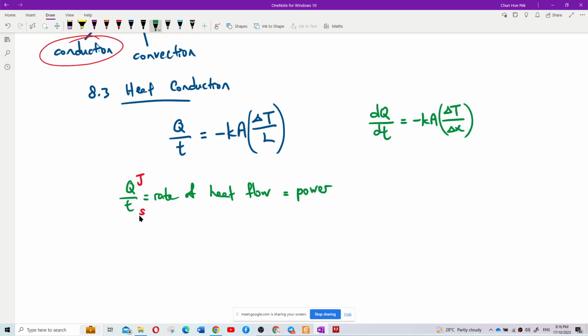The unit of rate of heat flow is joule per second, or you can write it as watt. So Q over T is the rate of heat flow. Now how about K? K is called the thermal conductivity.